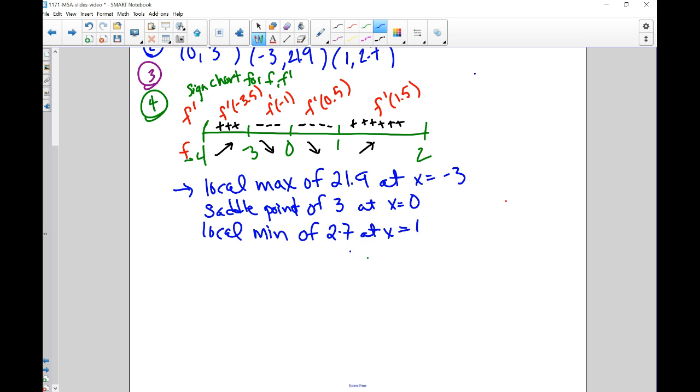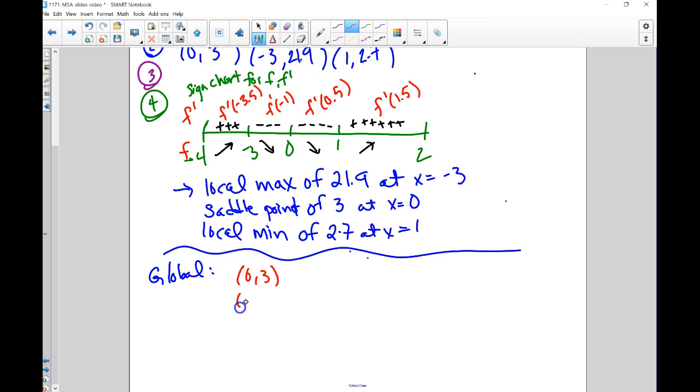Then the next thing I need to do is classify global extrema. I need to make a list, again, of all the coordinates of the xy pairs of my critical points. So that's (0, 3), (-3, 21.9), and (1, 2.7), and endpoints.